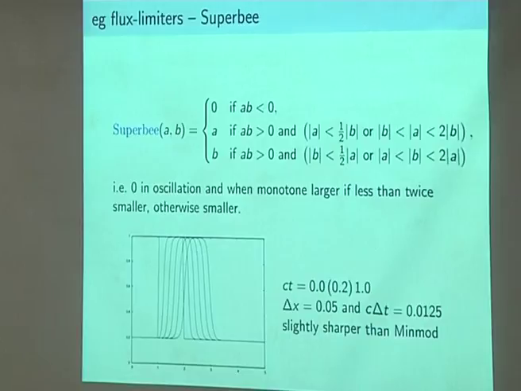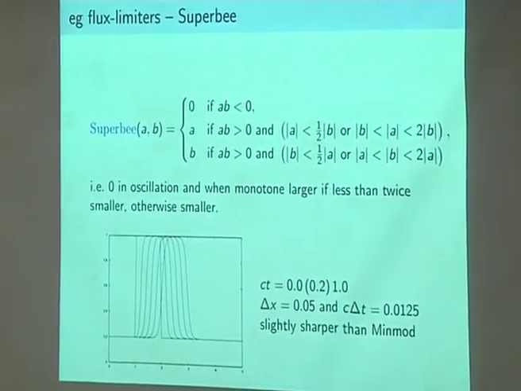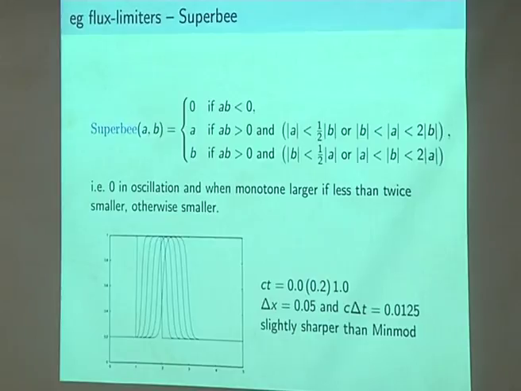That's what all that arithmetic is doing. On the other hand, if the gradient here is more than twice the gradient there, we use this one. You have to sit down and go through all these complicated expressions and find out they do exactly what I've told you. Super B's are just a bit better. It's just a bit steeper, and we're preserving amplitude.